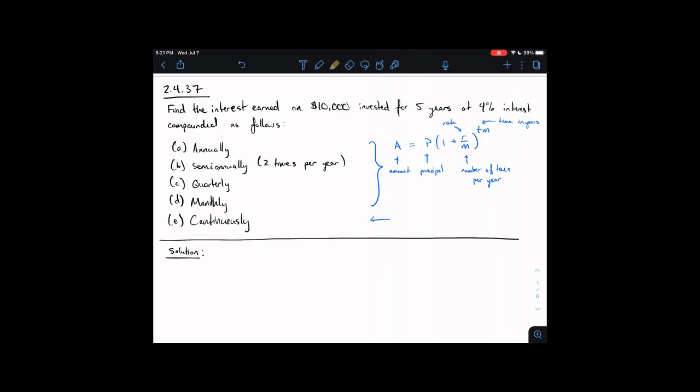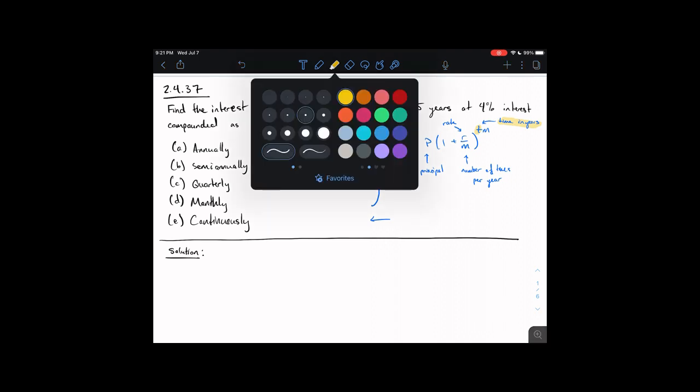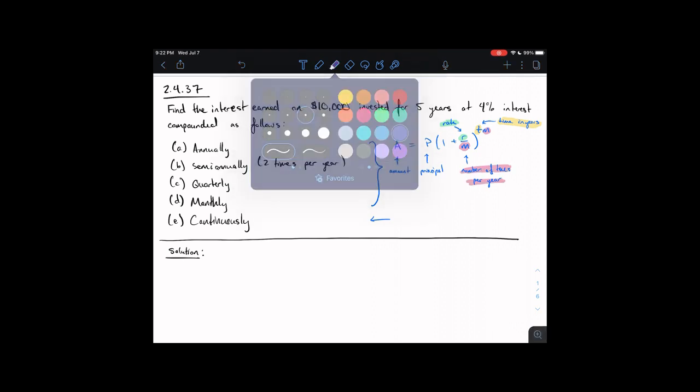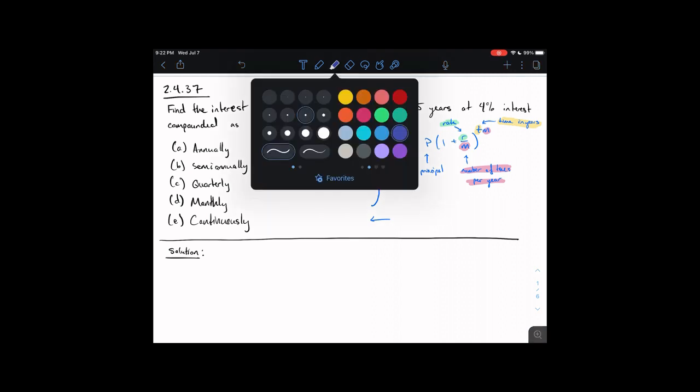So let's highlight these. T is the time in years, I'll give that yellow. R is the rate. Here's our number of times per year. We have another color, let's try this one maybe.